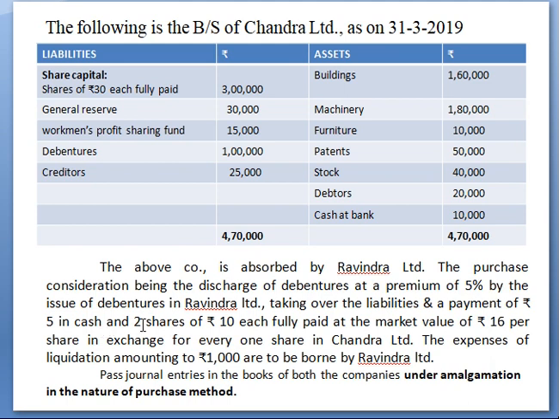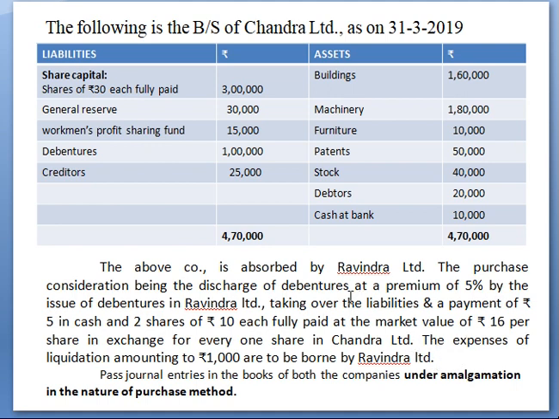And 2 shares of rupees 10 each, fully paid at the market value of rupees 16 per share, in exchange for every 1 share in Chandra Limited, which means if you hold 1 share in the old company, you will get 2 shares in the new company, right? And the face value is 10 rupees and the market value is 16. Always you have to do calculation on the market value.